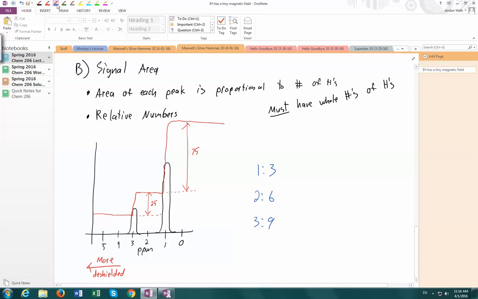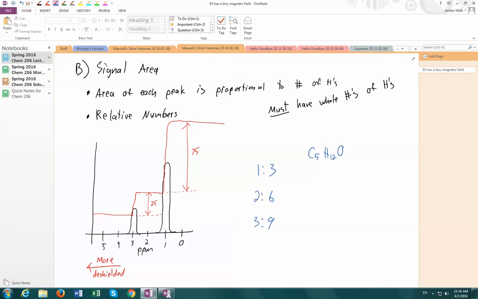So fortunately, in cases like this, you'll often know the molecular formula, right? And so in this case, our molecular formula is going to be C5H12O. And so of those three ratios that I've listed, which do you think is the actual ratio? Well, how many protons are in our molecule? 12.